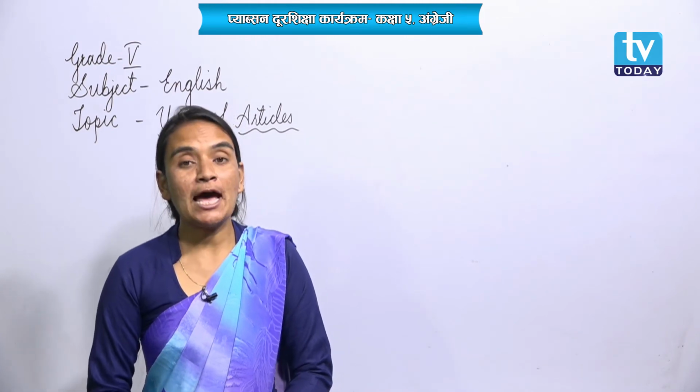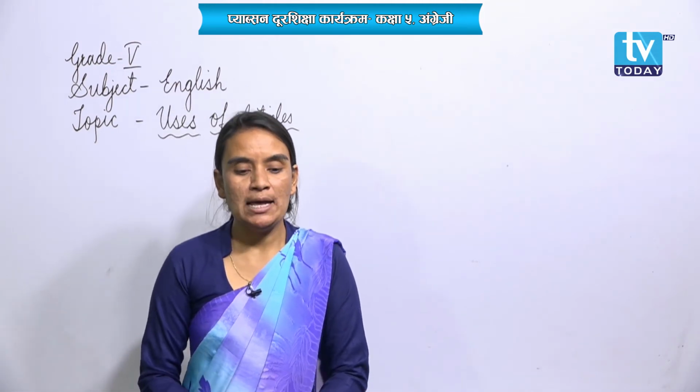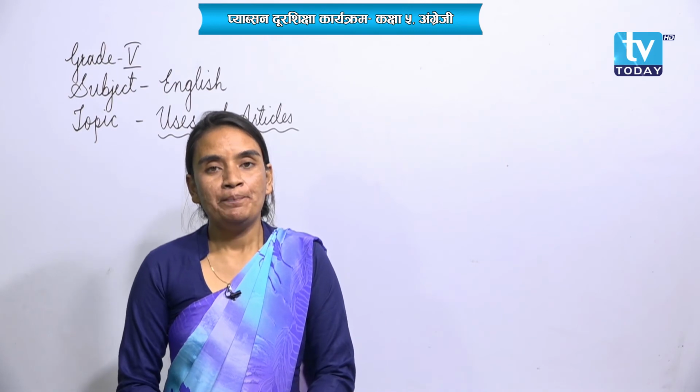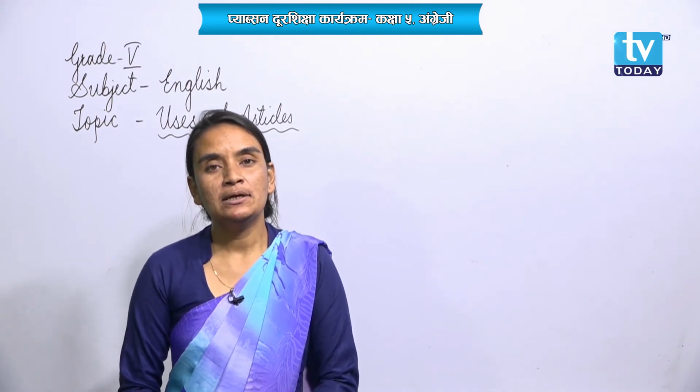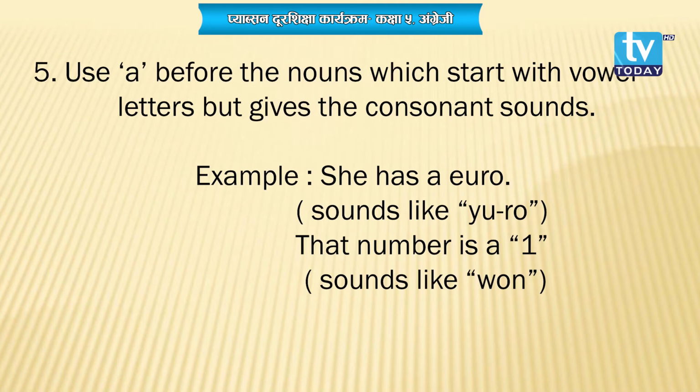So here we can go to rule number 5, where we'll be talking about those words which start with vowel letters but the sound gives the sense of a consonant.